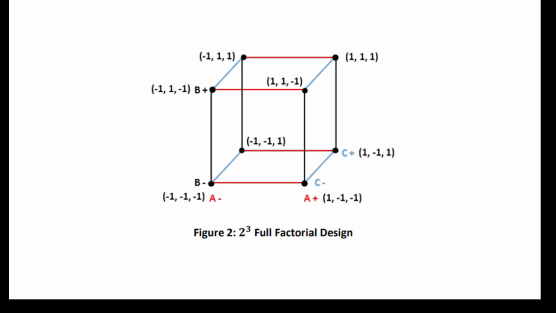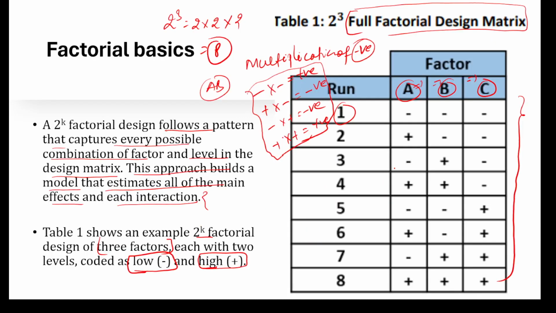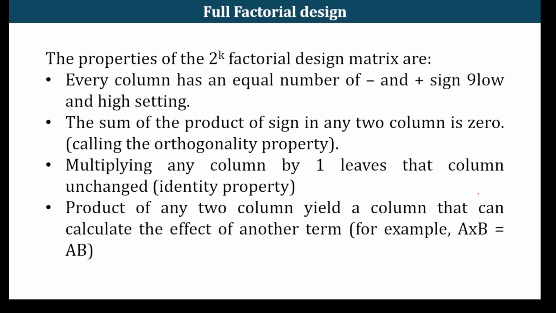So this is about the box diagram, the cubical box. You can follow this method also, or you can go through this. Okay. If we talk about the properties of the 2^k factorial design matrix, every column has an equal number of plus and minus signs.